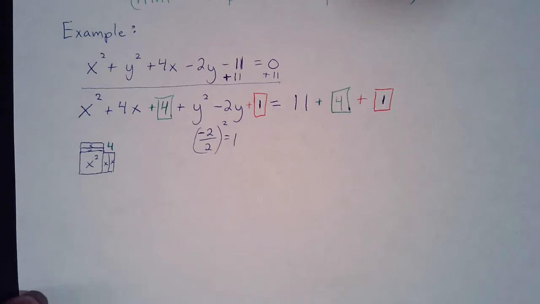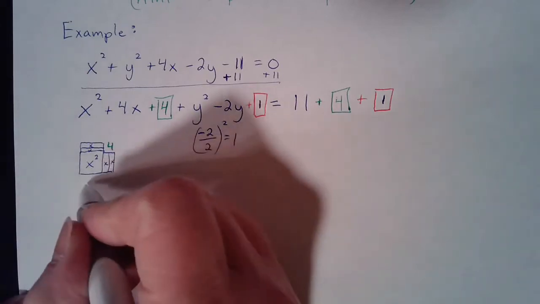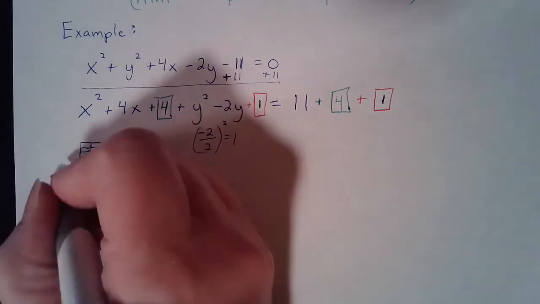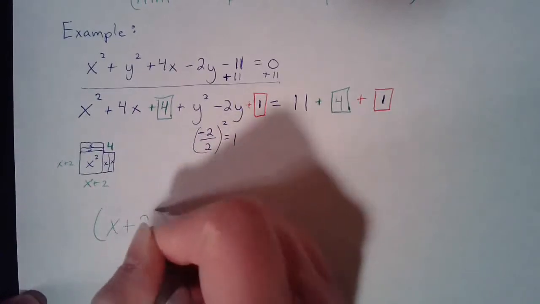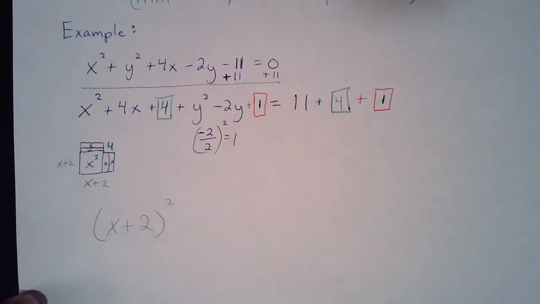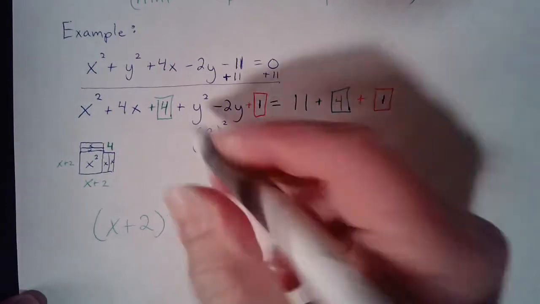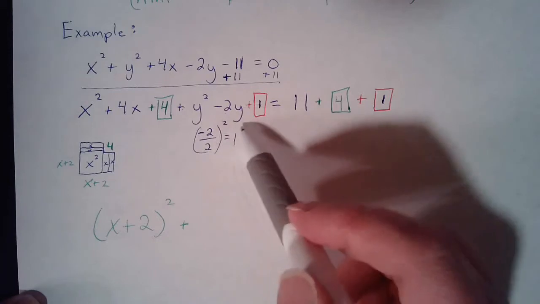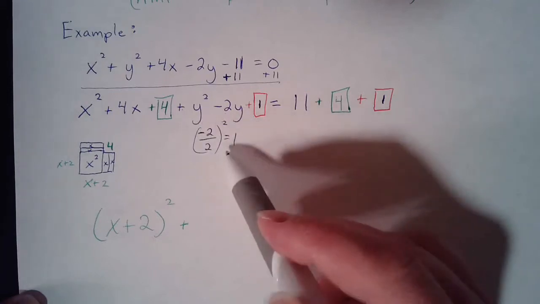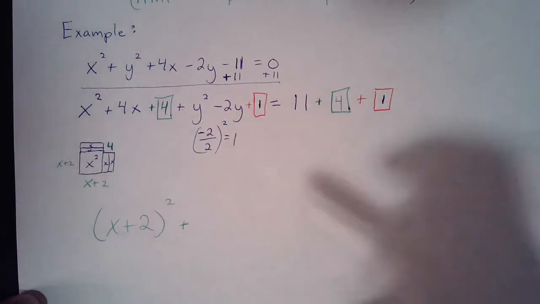Now for the x portion of this, we've got x plus 2 times x plus 2, or in other words, x plus 2 squared. We still have the addition in between here, so we're going to bring that down. And then we're going to do the same thing with the y part.